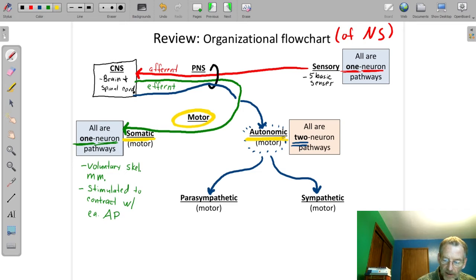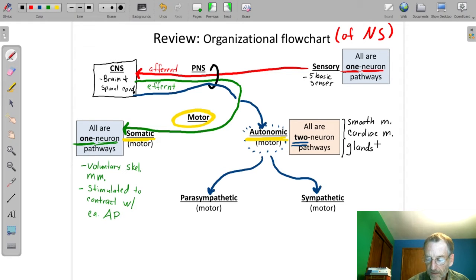So autonomic is just motor output, and these are the effectors, if you remember from A and P: smooth muscle, cardiac muscle, the heart, and glands. Lacrimal gland, salivary gland, etc.